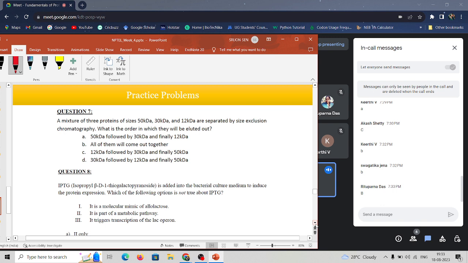The next question. A mixture of three proteins of sizes 50 kDa, 30 kDa, 12 kDa are separated by SEC. In which order will they elute out? So which elutes faster and which elutes last?